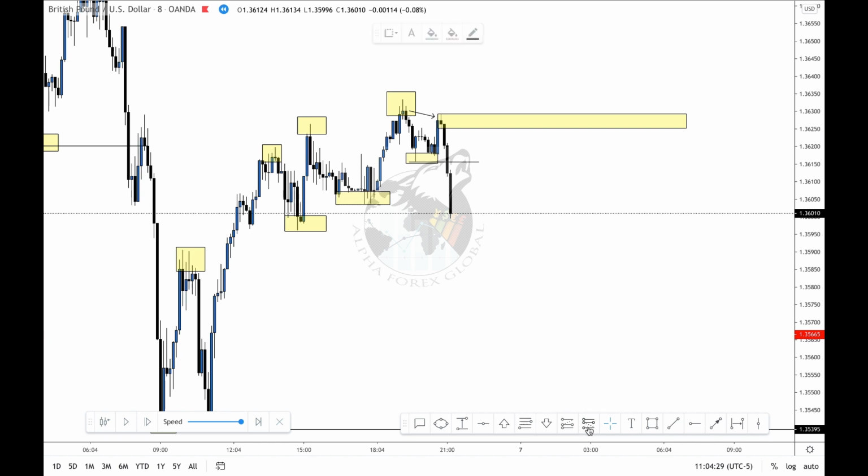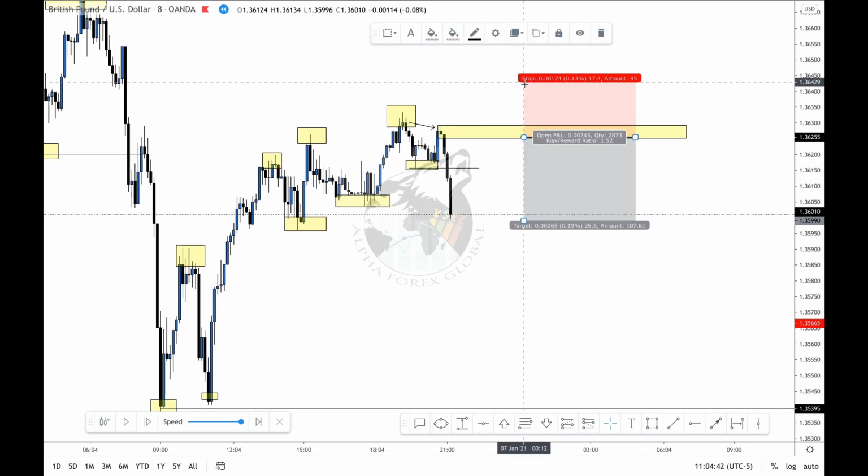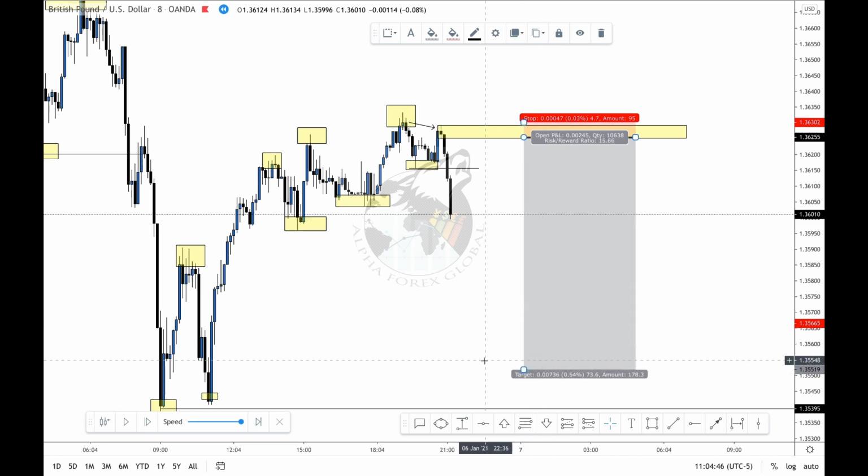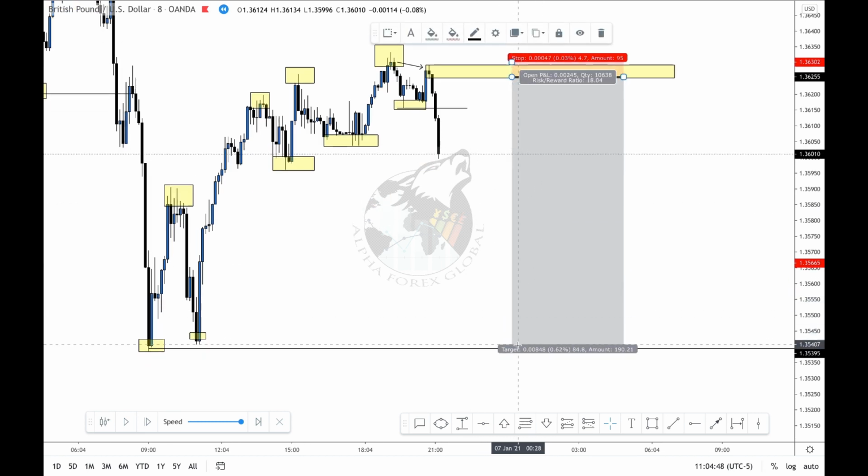So you can either set a pending order right here, stop loss above your sponsor candle, right? And then target all the way down here.